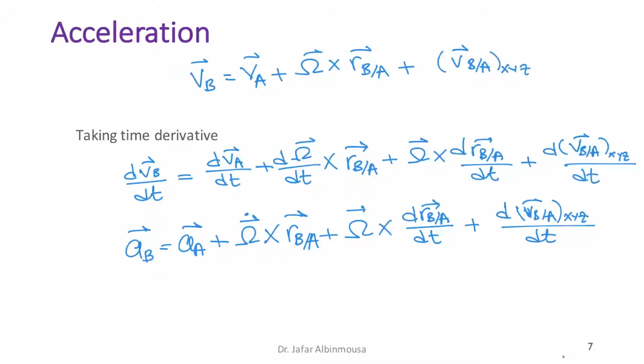Now, what we need to focus on here is this. This is the relative position vector, the change in the position with respect to time between points A and B, which is going to be affected by the translation and rotation. And this one is the derivative of the velocity of B with respect to A measured in the small coordinate system with respect to time.